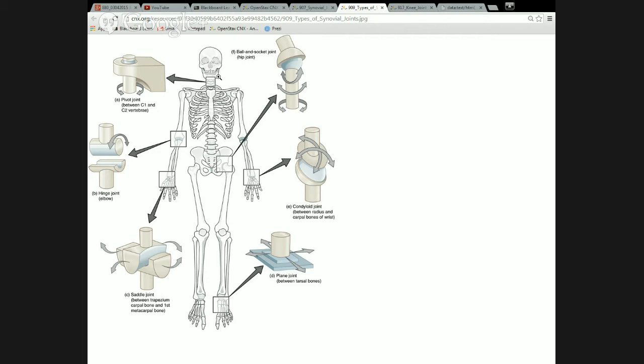Now, this particular model is kind of falling apart, so it's not a great example of it, but I'm going to use it as much as I can. So this big piece here that has the number 500 written on it, that's the occipital bone. And then the vertebral bone right next to it is the atlas bone. Everybody's familiar with the idea of atlas, big strong guy that's holding the world up on his shoulders.